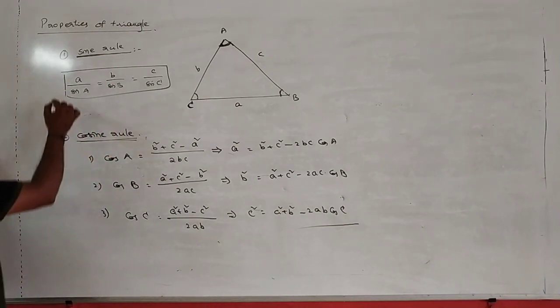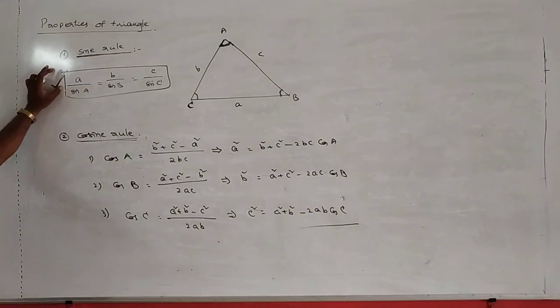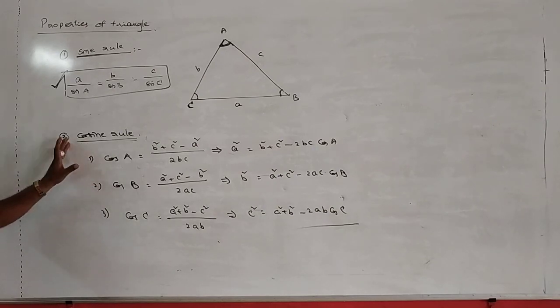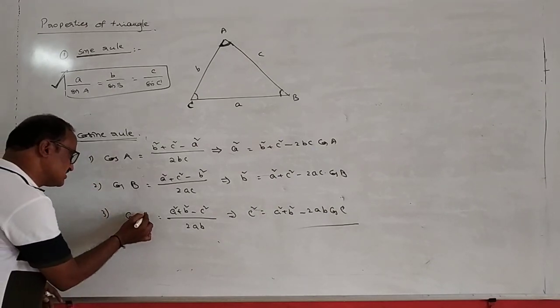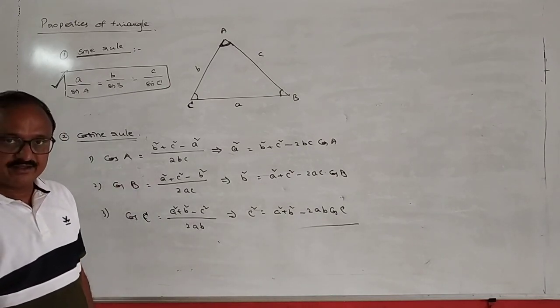Remember these points. It is also proved by using Lagrange vectors. Cos A, cos B, cos C, these are also important. These are derived in the trigonometry in first year mathematics. Okay. Thank you.